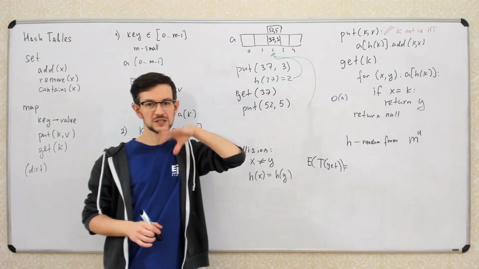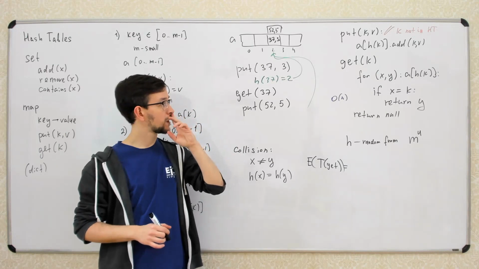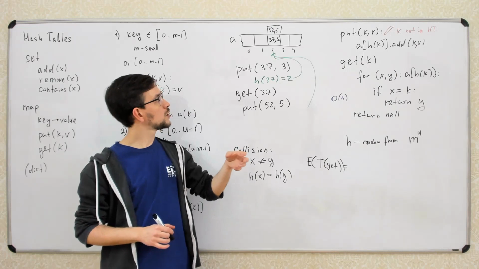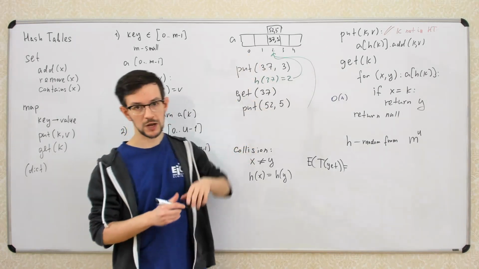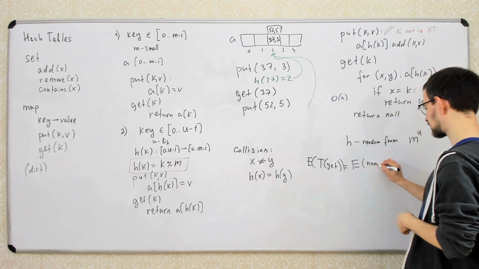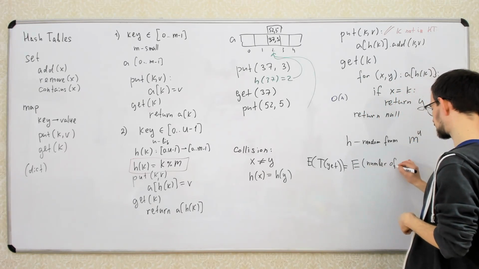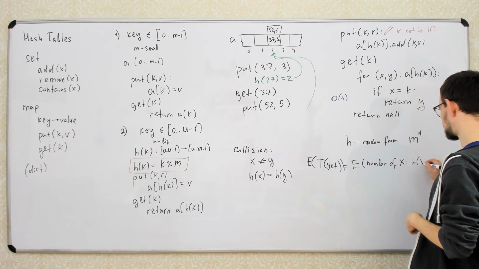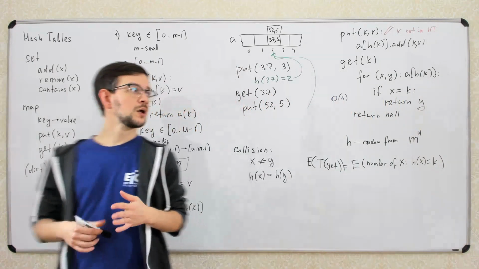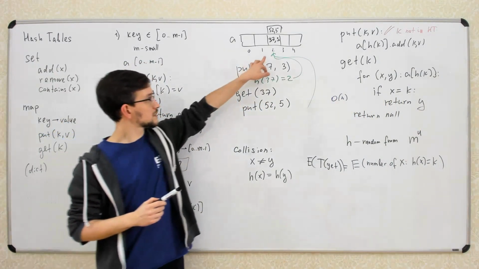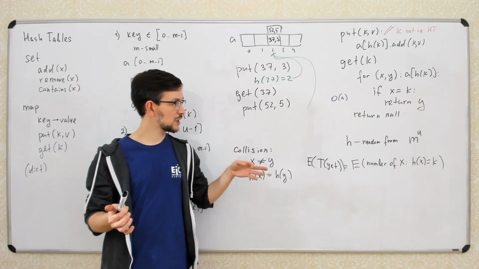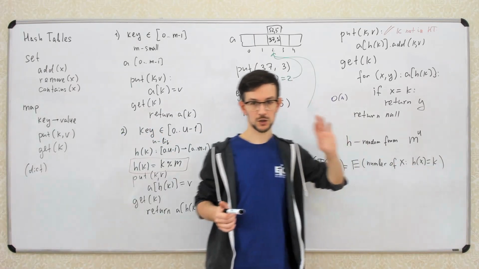So what is the expected size of the list? It is the expected number of elements which have hash value equal to that of k. So this list contains all the keys in your hash map which have the same hash value as the key. Okay.